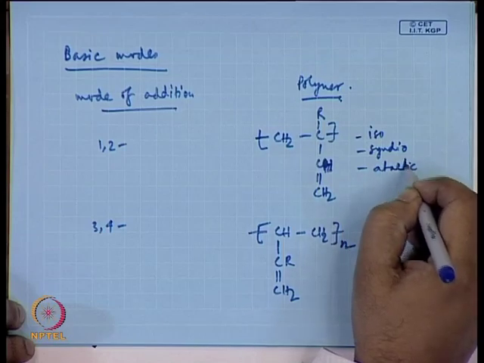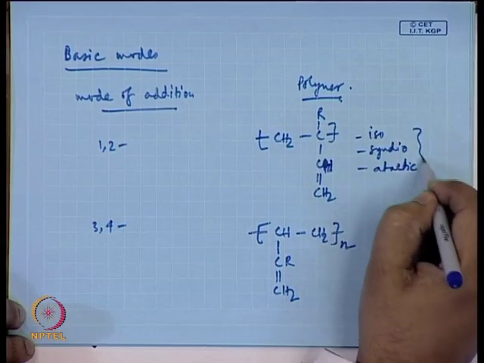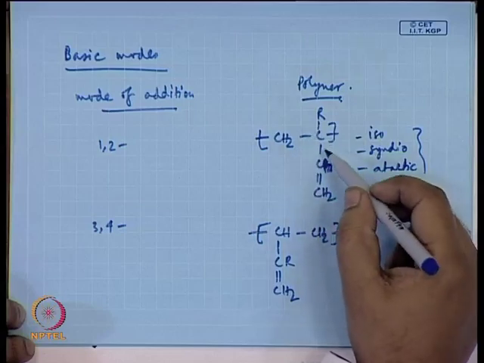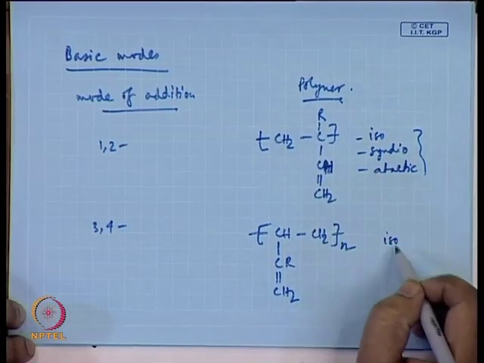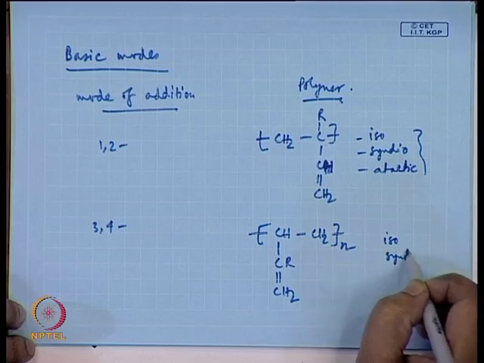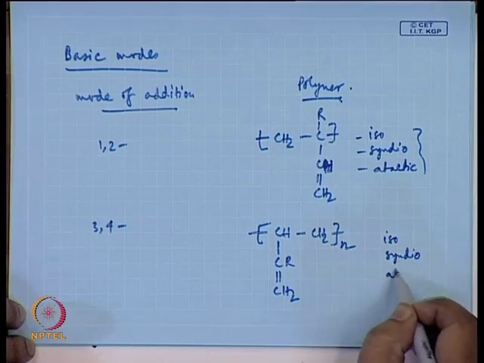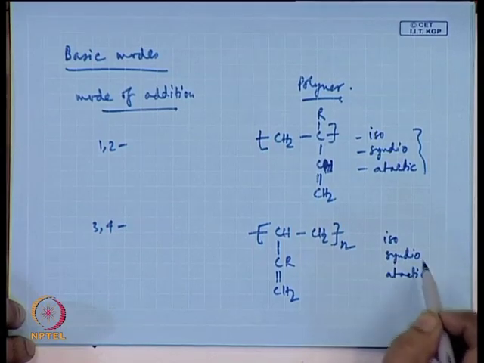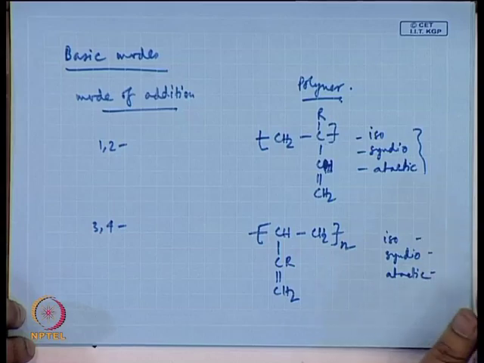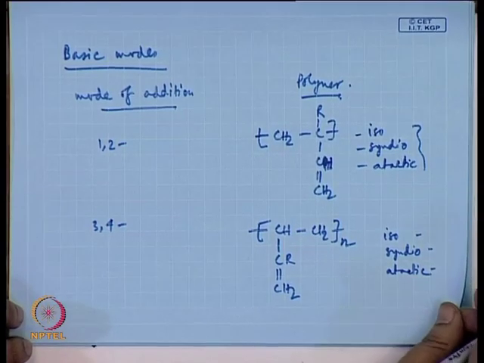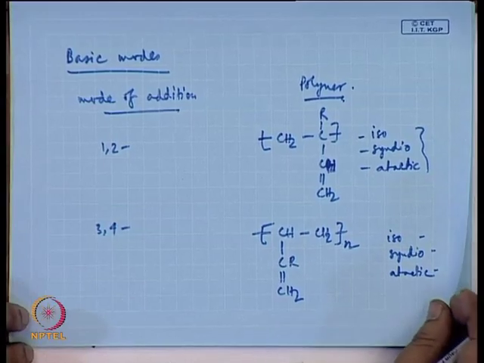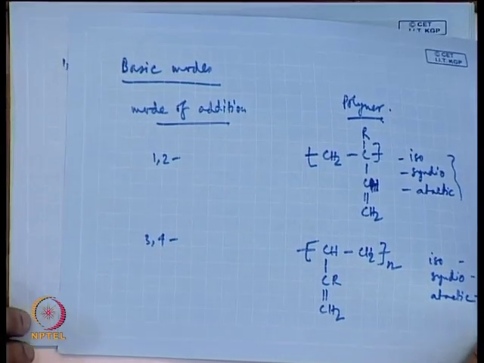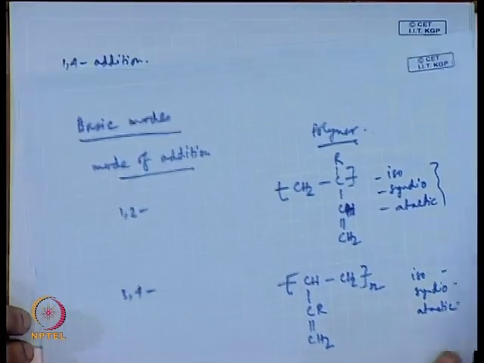So, basically you can have 3 possible arrangements, same as here. So, you can now imagine how many possible isomers or isomeric forms you can get by polymerization of this butadiene molecule, 1,3-butadiene molecule.